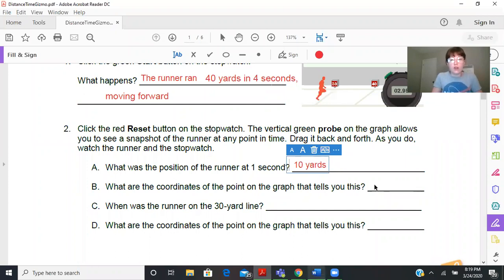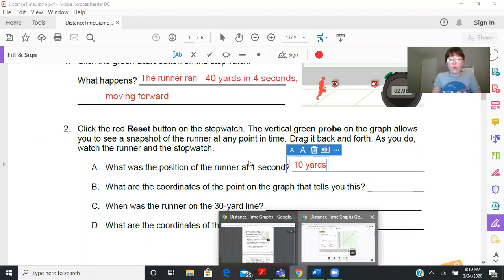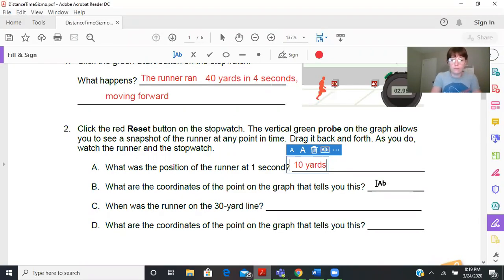So remember, coordinates are always x, y, so the x-axis comes first. So the points would be 1, 10, just like Battleship. When, so I'm asking at what time was the runner on the 30-yard line? I'm going to go back.